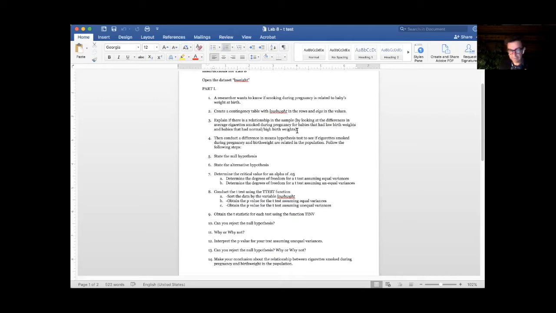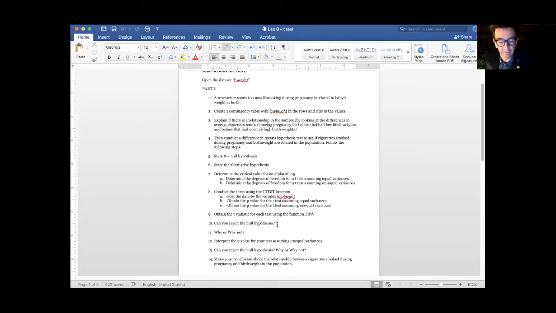And we're going to see if there is a difference, and then we're going to conduct a hypothesis test to see if that difference is also there in the population. We're going to state our hypothesis, determine the critical value, alpha, determine the degrees of freedom, and then conduct the test, sorting the data, obtaining the p-value for equal variances, for unequal variances, and then obtain the t-statistic, and see if we can reject the null.